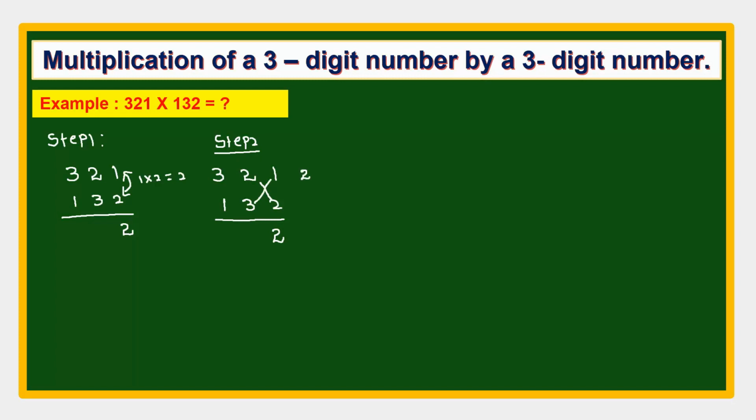So 2 into 2, 4. 3 into 1, 3. Here no carry forward. Here no carry forward. So add these two products. 3 plus 4, 7. Write 7 here. And next step 3.